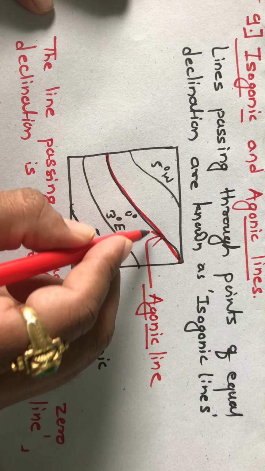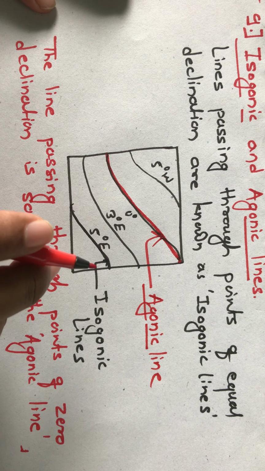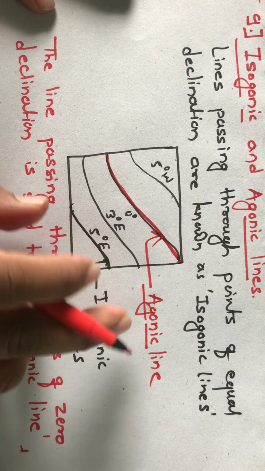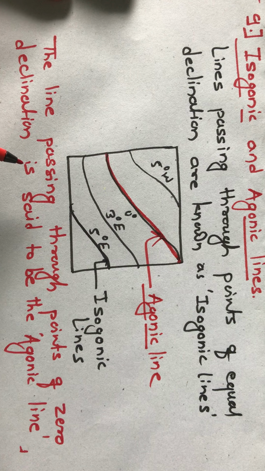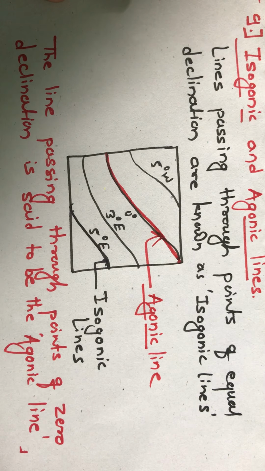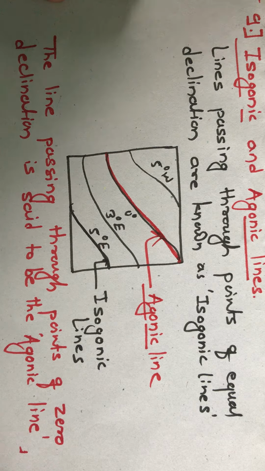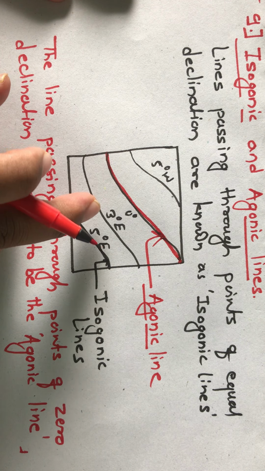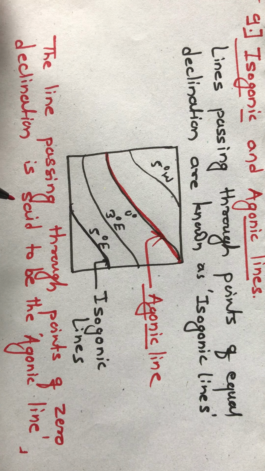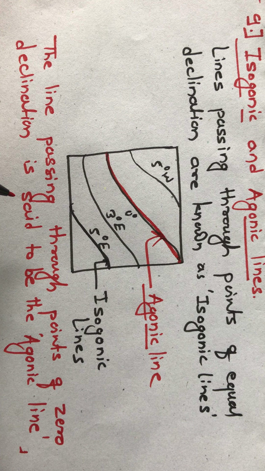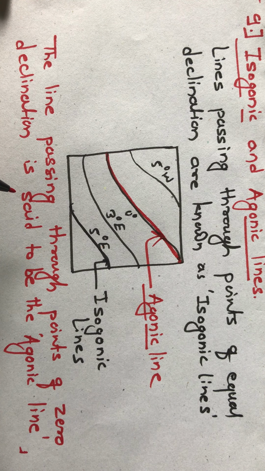Remember, agonic means 0, isogonic means same. Now, the Survey of India department has prepared a map of India in which the isogonic and agonic lines are shown. This gives guidelines to conduct compass surveys in different parts of the country.